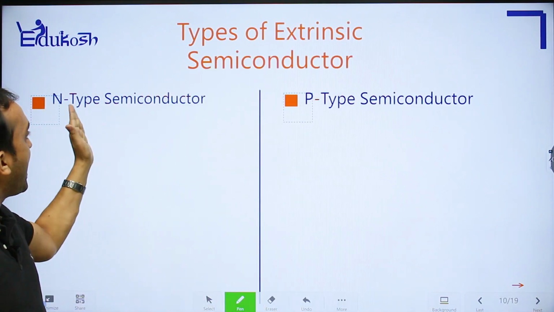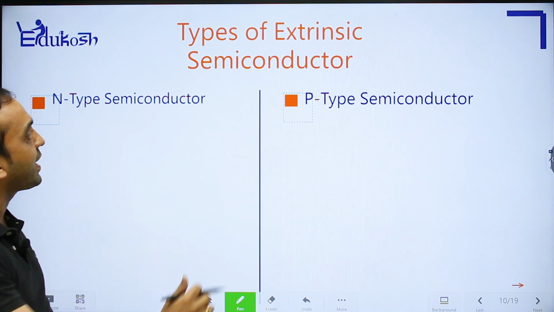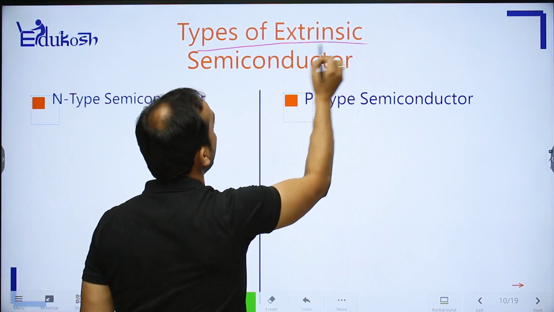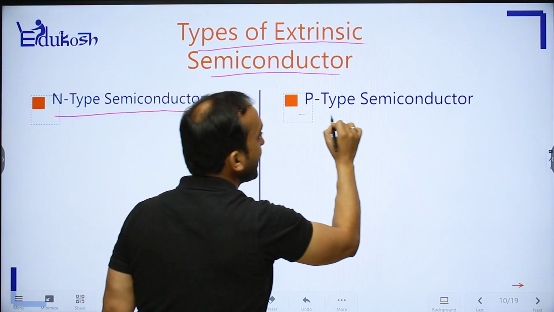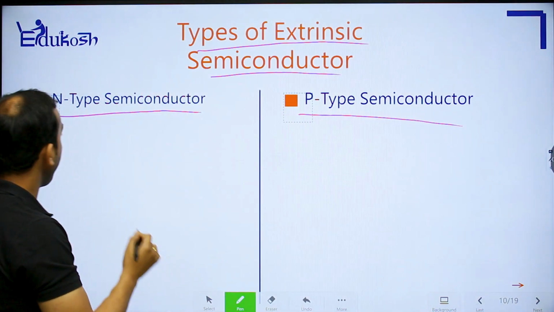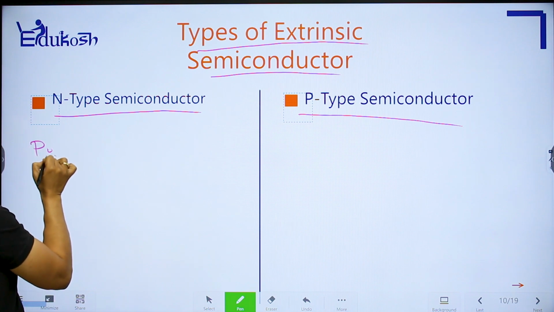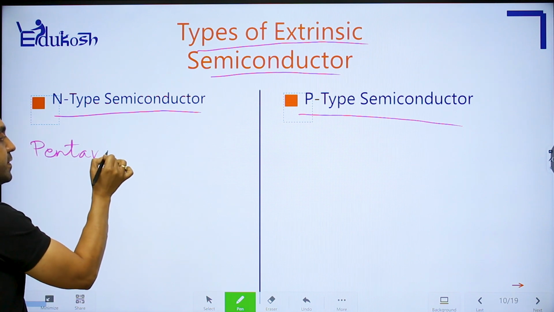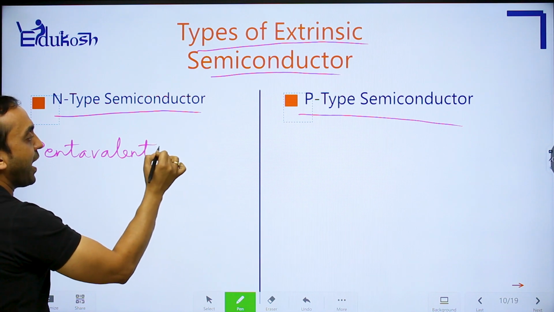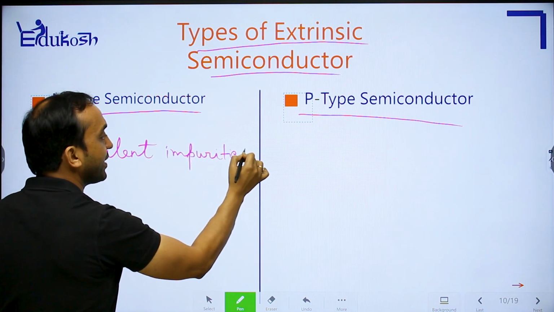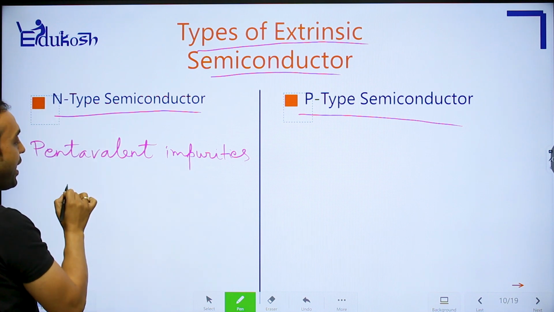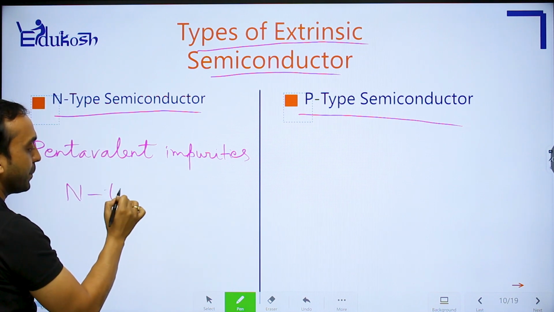आगे बात करते हैं एन टाइप सेमीकंडक्टर क्या होता है. दो तरह के हमारे एक्सट्रिंसिक सेमीकंडक्टर हो सकते हैं. एक होता है एन टाइप सेमीकंडक्टर, एक होता है पी टाइप सेमीकंडक्टर. So whenever pentavalent impurity is added, तो हम कौन सी इंप्योरिटी ऐड करें? पेंटावेलेंट इंप्योरिटीज ऐड करते हैं तो जो हमारा सेमीकंडक्टर फॉर्म होगा वो एन टाइप सेमीकंडक्टर फॉर्म होगा.